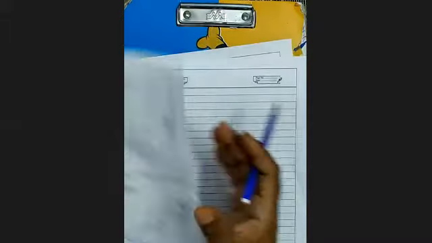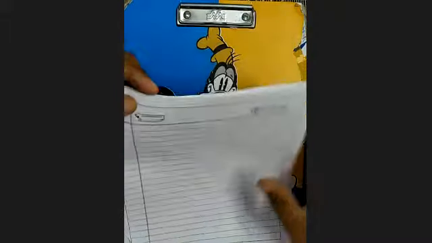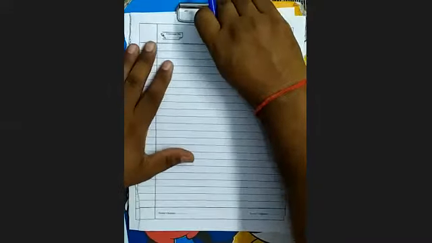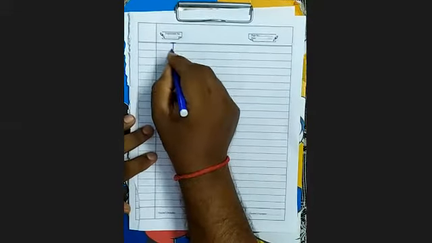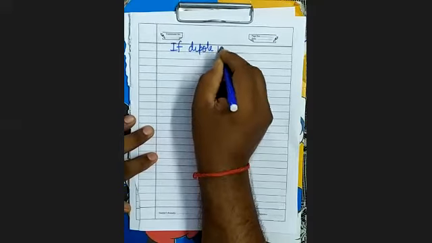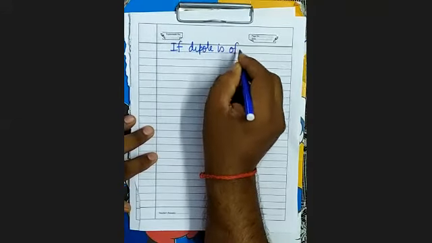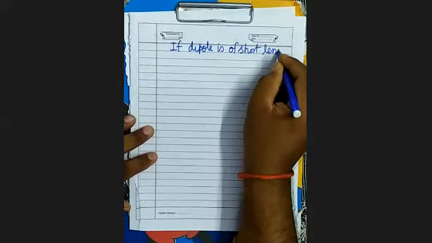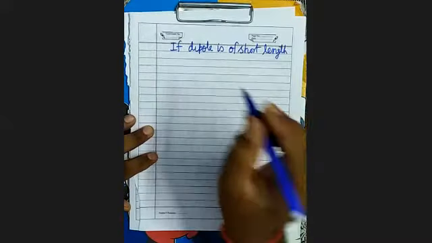If dipole is of short length, means it is a short dipole.